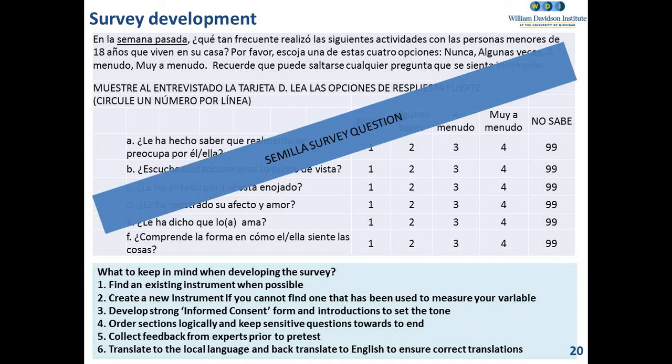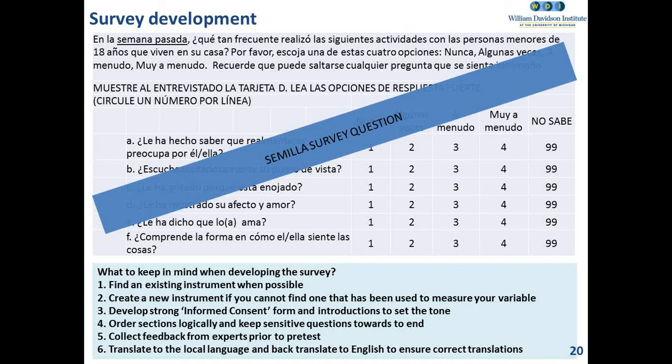We only created questions when none were found in existing literature or studies, and these new questions were reviewed by survey experts before we took them to the field. To find existing measures, we conducted an extensive search looking for instruments in not just development publications such as those from the World Bank, but also in psychology science publications.